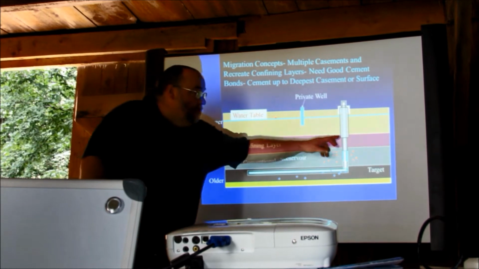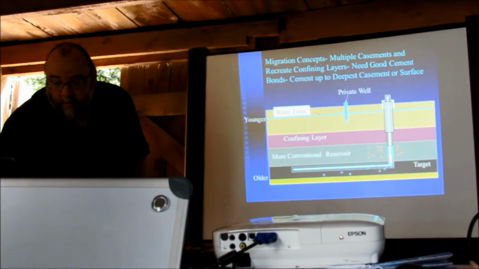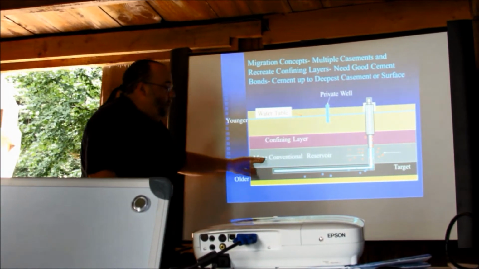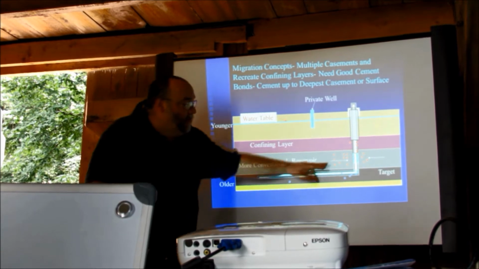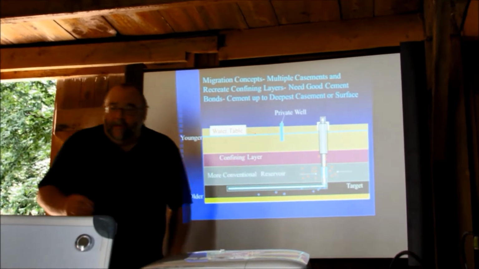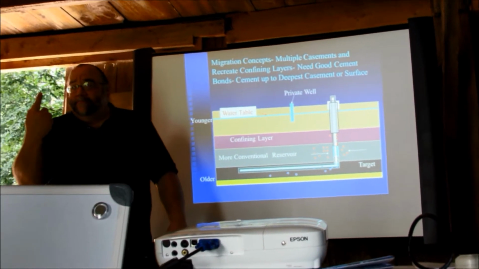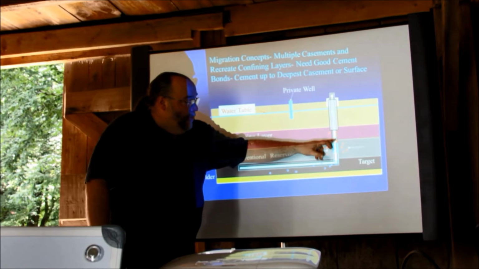So that's one of the reasons why casing cement's critical. One of the things that's really critical, especially in places where you have high pressure gas, not in the target formation, the Marcellus, but above it, if you have gas in that formation under high pressure, usually the weakest point of a cement job is the bottom. And where the gas might migrate would be here.